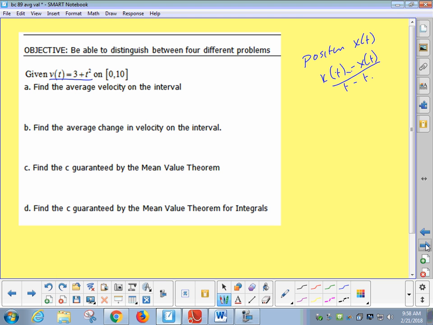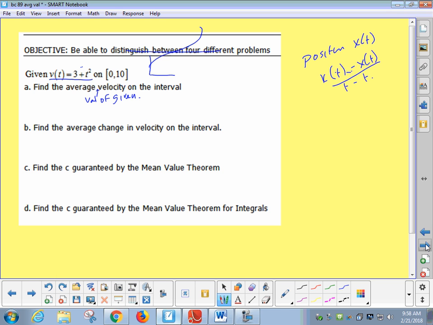The unfortunate problem, though, is you don't have position, you have velocity. So it says average velocity. It's really like saying, I know that the velocity is constantly changing here. I want the average of all those. So what do you do? You do this thing we did today. If you're given velocity and asked for the average velocity, it's like being asked for the average value of what you're given.